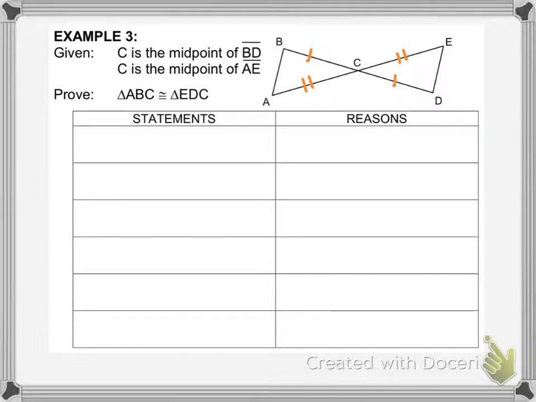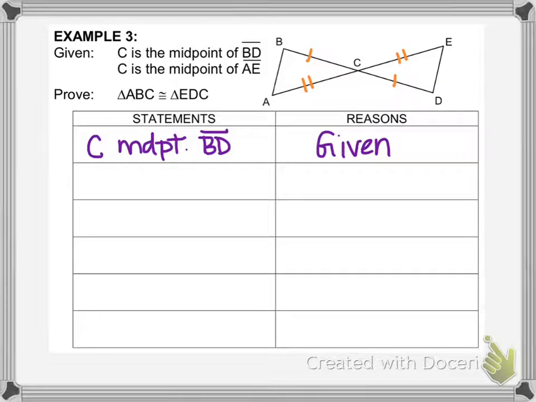So let's go ahead and do what we already know and then see what else we can see. So let's start with our first given. And feel free to abbreviate. So I'm just going to say C midpoint abbreviated BD. Okay, that's totally fine. Reason is given, right? But that's not a congruent statement.